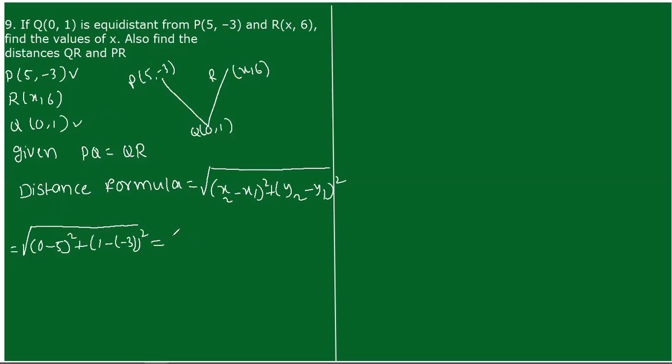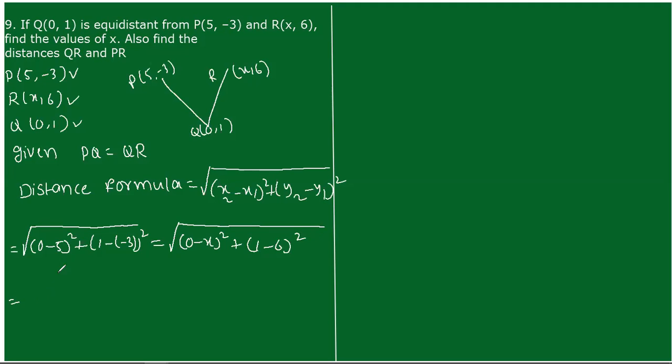now we apply the QR. Under root of, QR, we should consider Q and R, these two. So (0 minus x) and (1 minus 6) whole square.